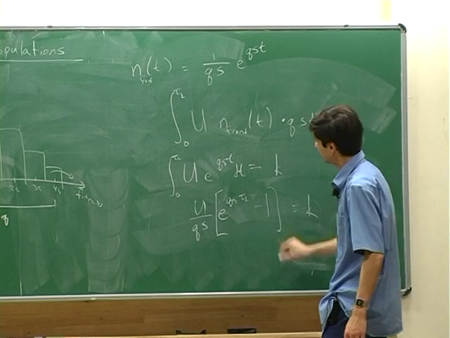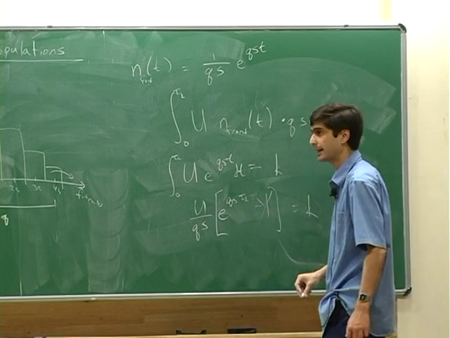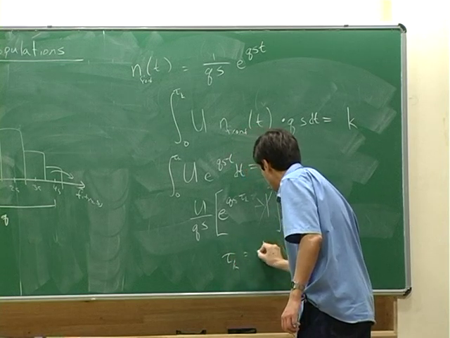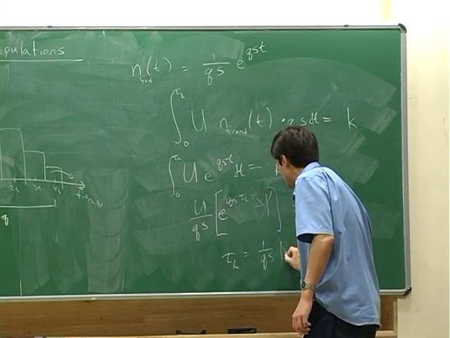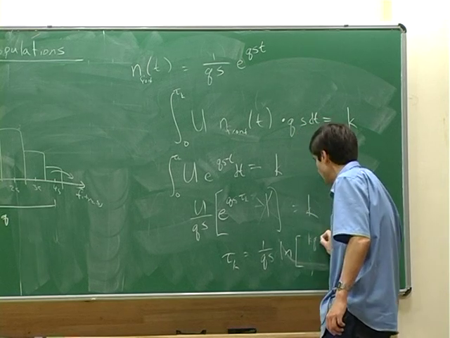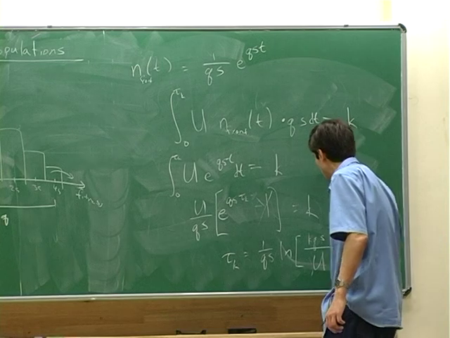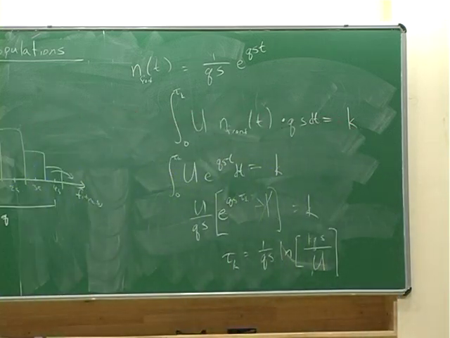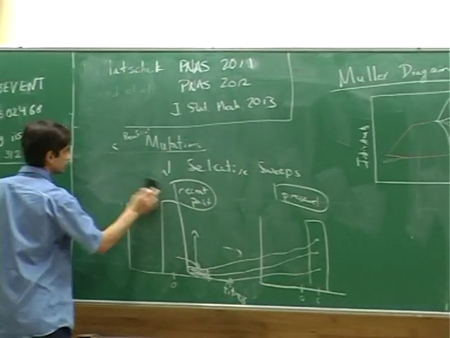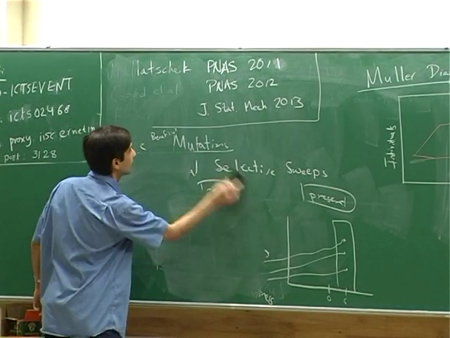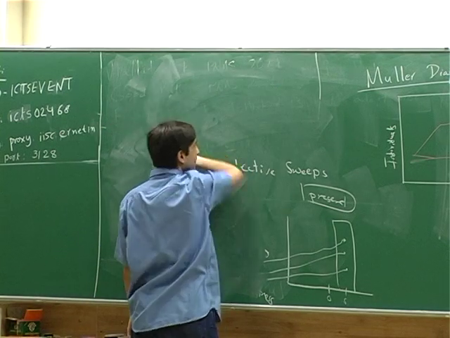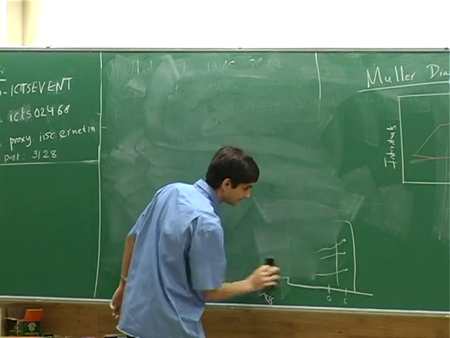This 1 is going to be negligible, like before, and so we get tau k equals 1 over qs times the natural log of k qs over u. So this is when the first, the second, the third, etc. mutations occur.